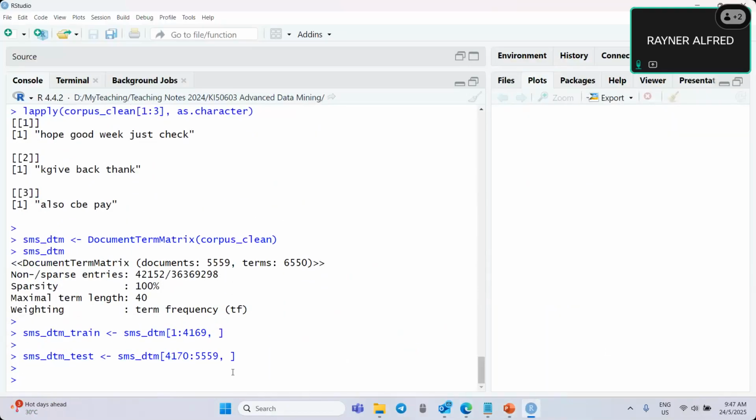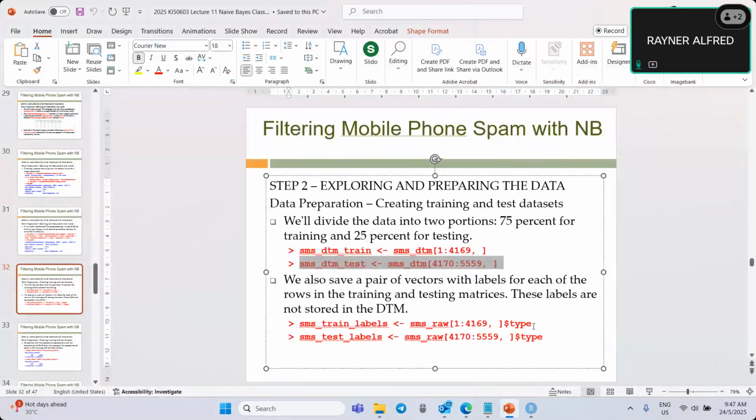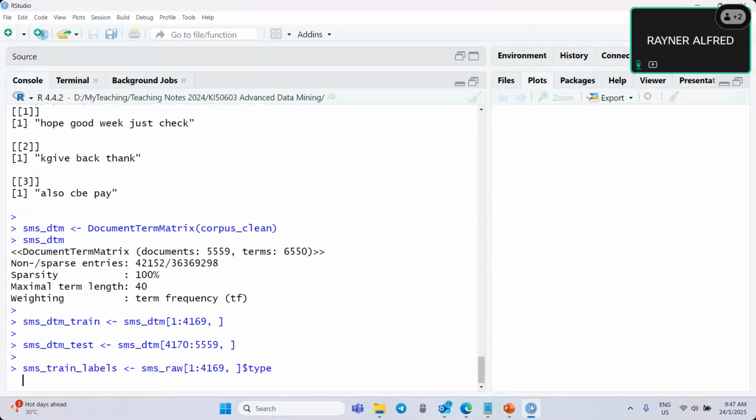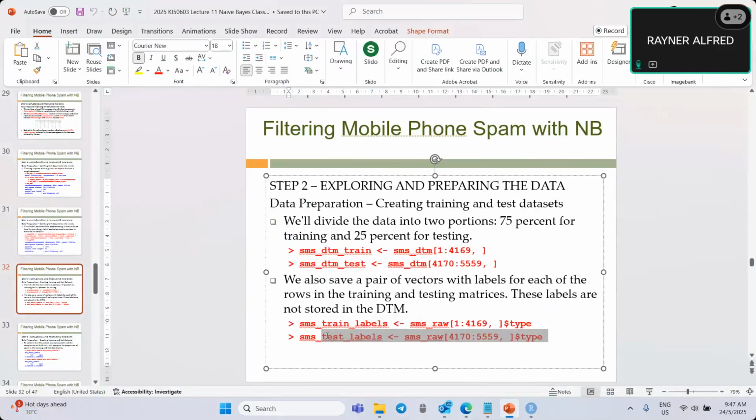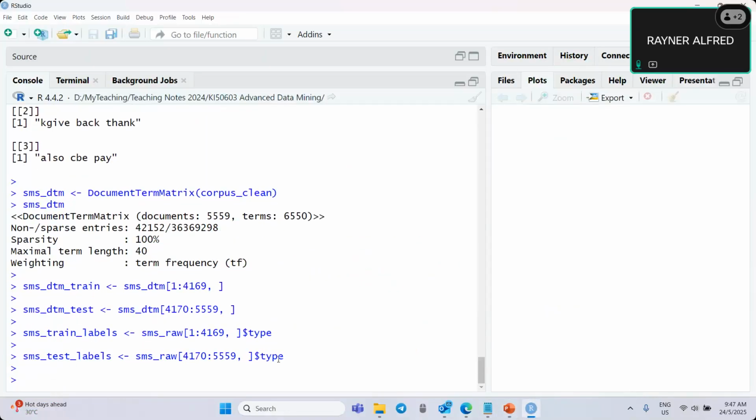So we have two parts: the first one is training, and this is the testing. We also take the labels for the training and for the testing, focusing on the label column, the training label and testing label.